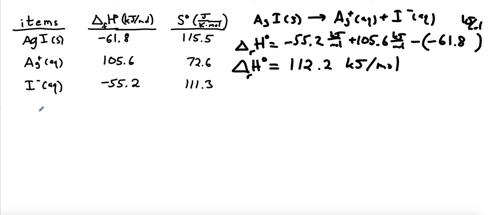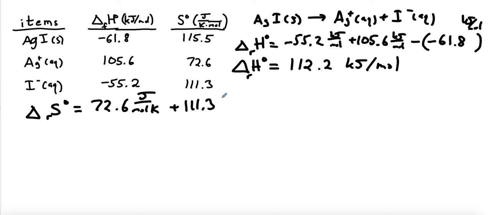So we're going to repeat the same process for the entropy of reaction. So we look up our data. This time it's in joules per K per mole, since it's entropy numbers. And when we're done, we're going to see that this reaction actually has a favorable entropy. It's got a positive delta S standard for forming the solution. And this shouldn't be that surprising. We couldn't have predicted the sign, but we're not surprised that it's positive because we have some ions here, especially the iodide.